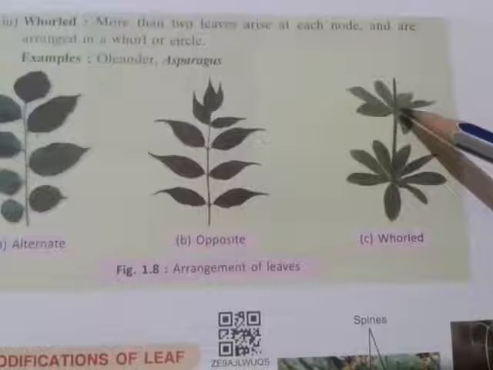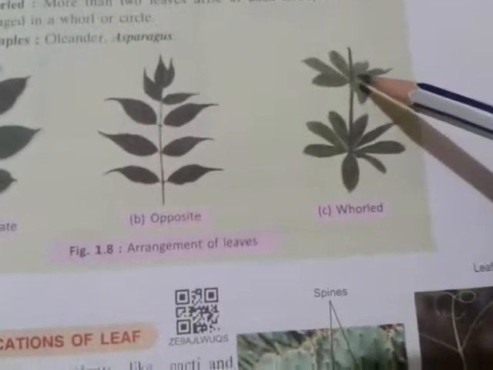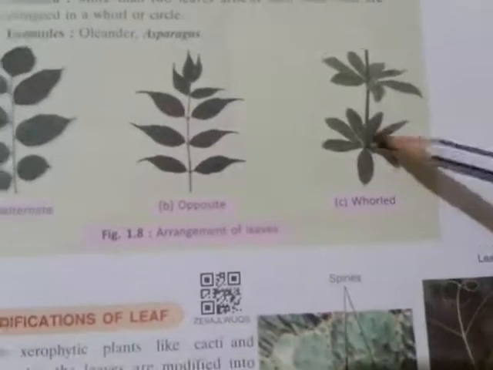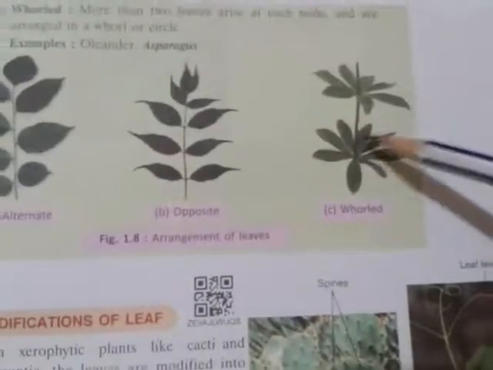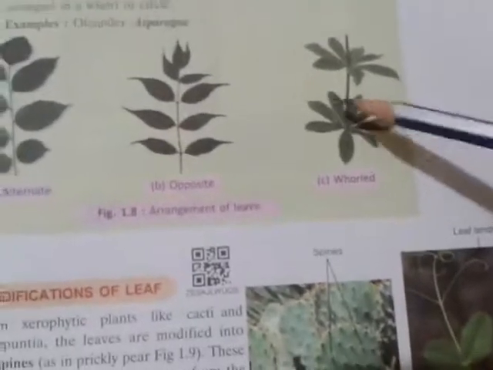So this is your node. When the leaves arise, that particular point is your node, and at these node points many of the leaves arise. How many leaves are there? Here it is 3, 6, 7, it varies, but many leaves arise at a node.